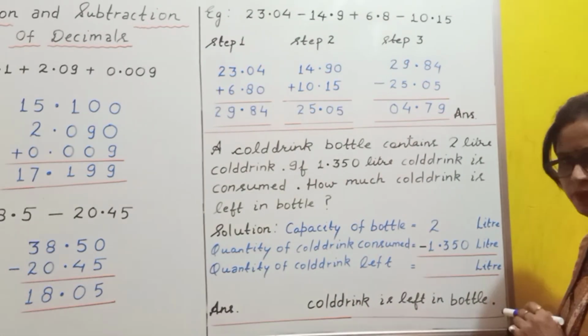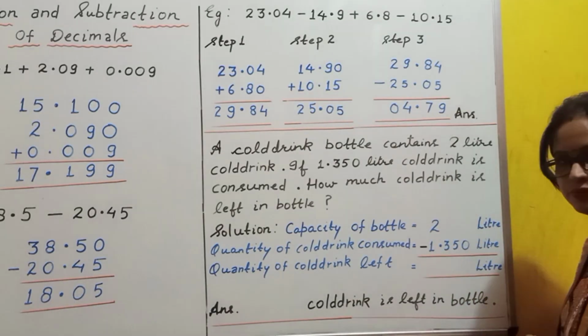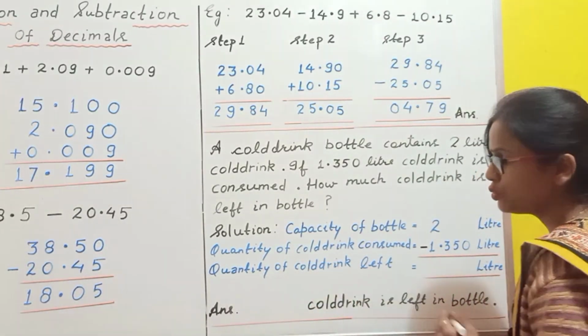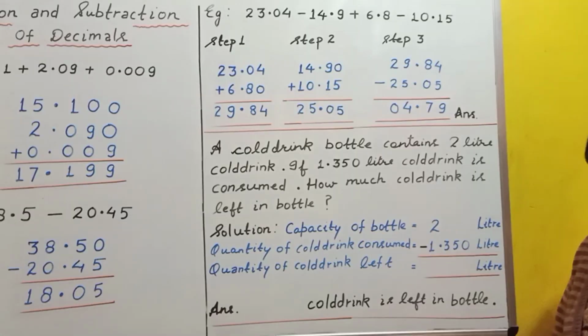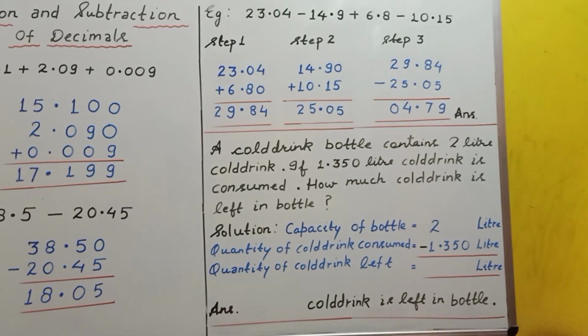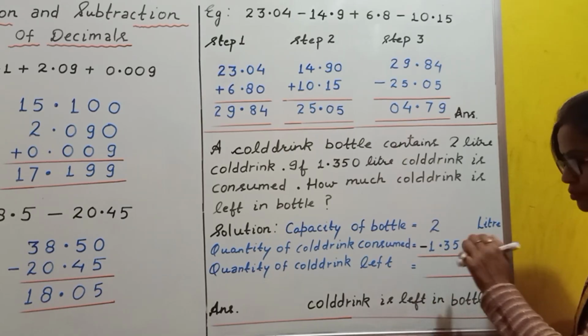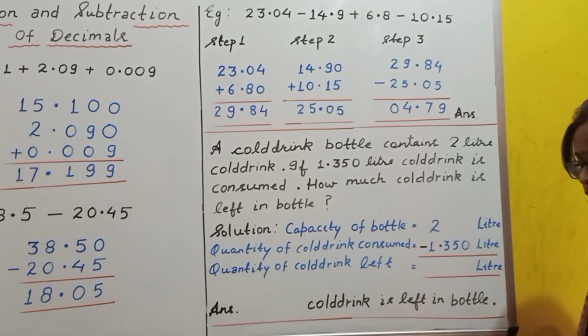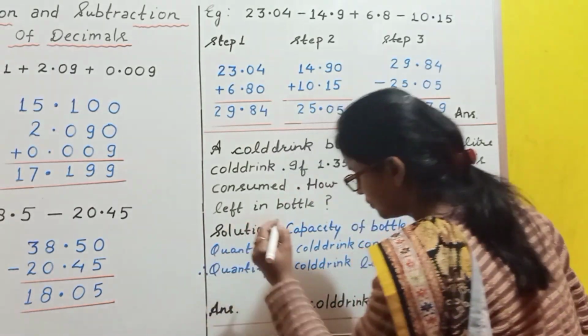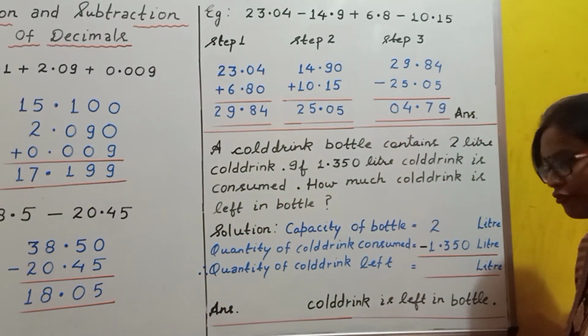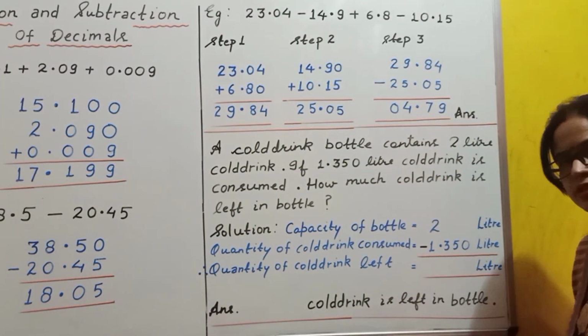So, see the statements. Capacity of bottle 2 liter. Now, quantity of cold drink consumed 1.350. As you know, here we have to subtract. So, put the subtraction sign. Next, therefore, quantity of cold drink left will be obtained after subtraction.